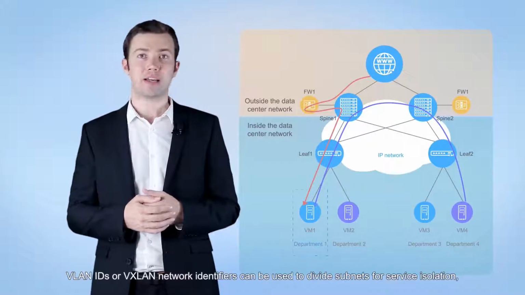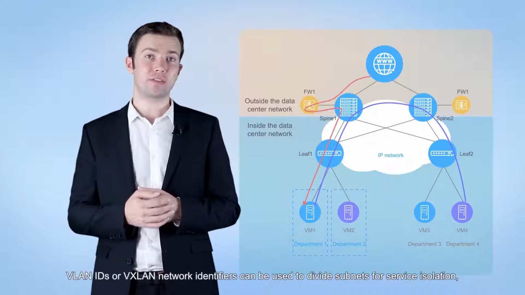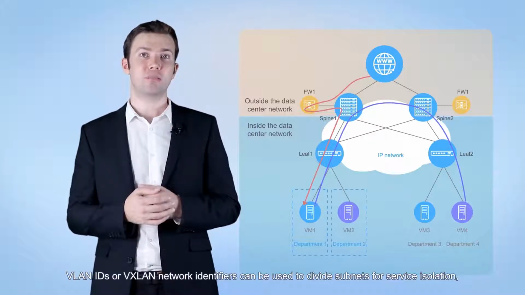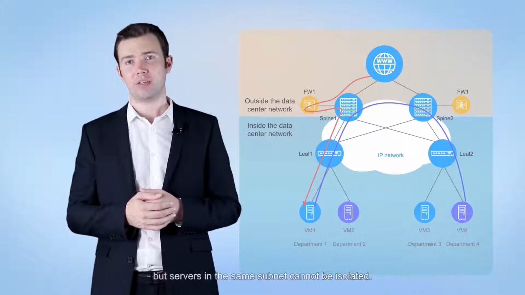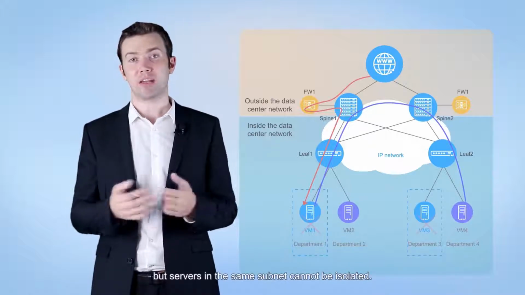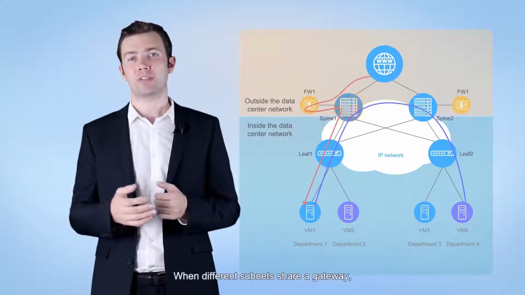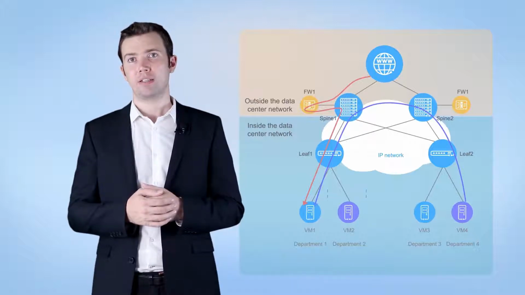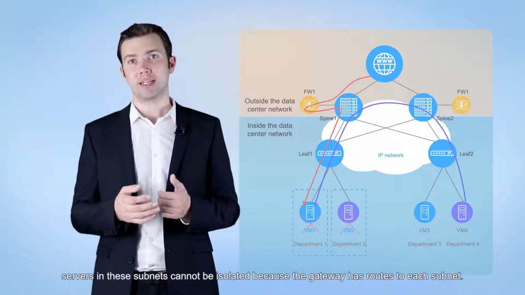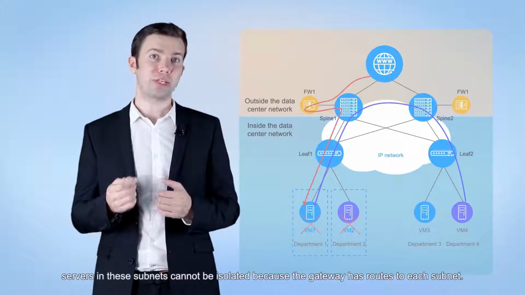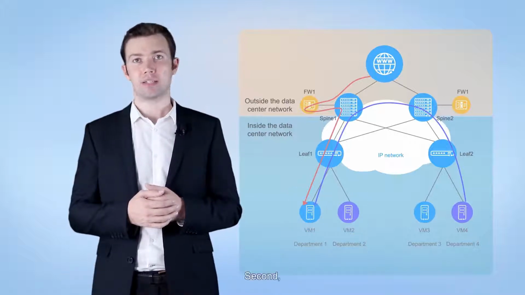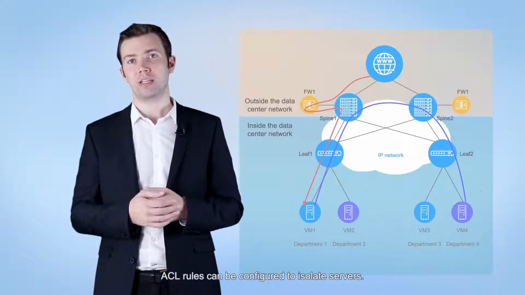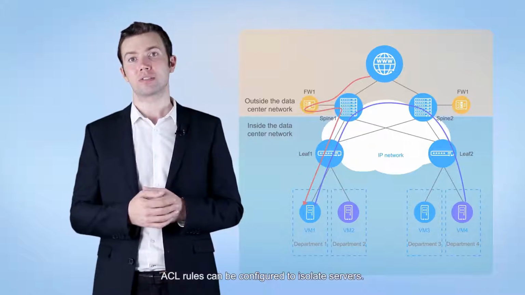First, VLAN IDs or VXLAN network identifiers can be used to divide subnets for service isolation, but servers in the same subnet cannot be isolated. When different subnets share a gateway, servers in these subnets cannot be isolated because the gateway has routes to each subnet. Second, ACL rules can be configured to isolate servers.